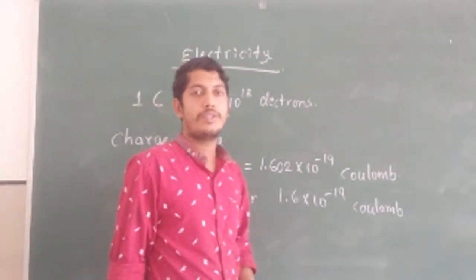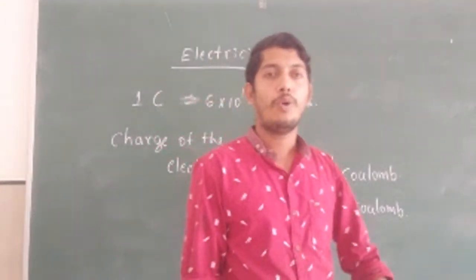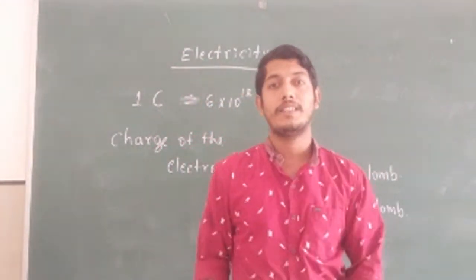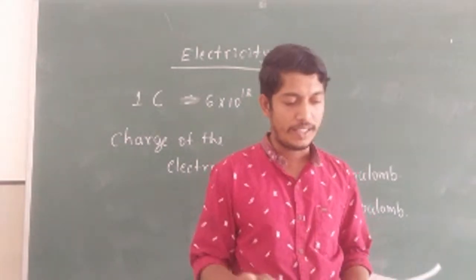So each electron carries 1.6 into 10 raised to minus 19 coulomb of charge.